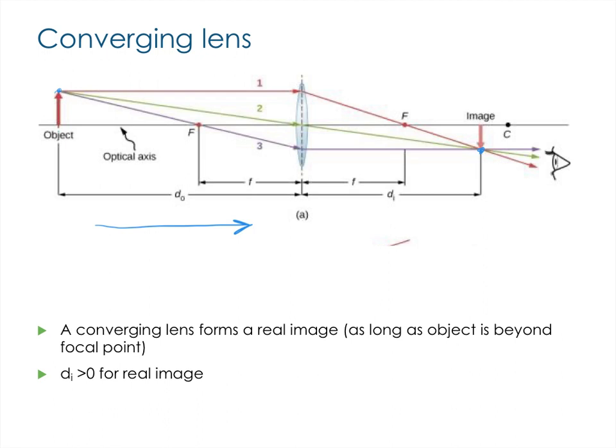We see that that image is inverted, but we also would call that a real image because it appears on the side of the outgoing light, the light going out from the lens, which is where we expect it to be. And so for a converging lens, the image is a real image and it has a positive image length.